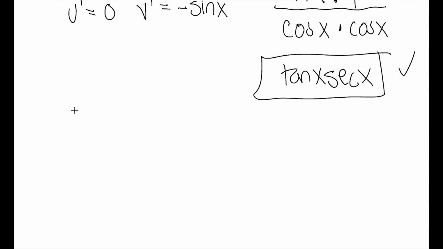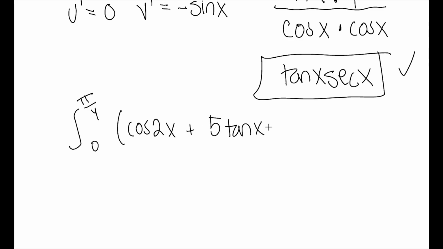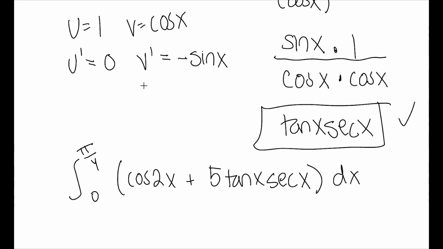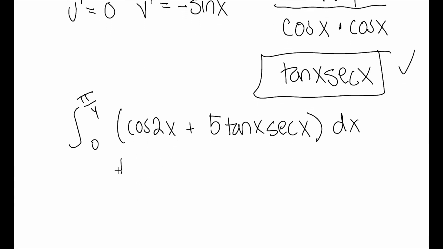Part 2 says integrate between 0 and pi over 4 cosine 2x plus 5 tan x secant x. Okay. Cosine turns into sine because now we're integrating. Divide by the coefficient, change it to sine, leave it as 2x.